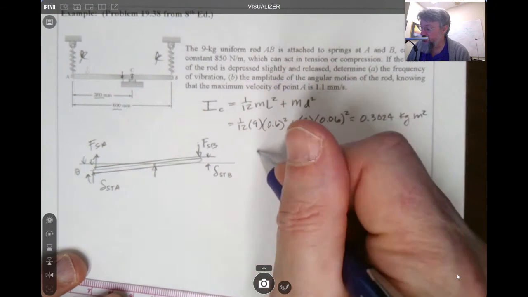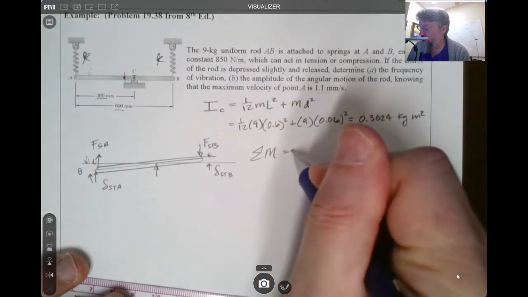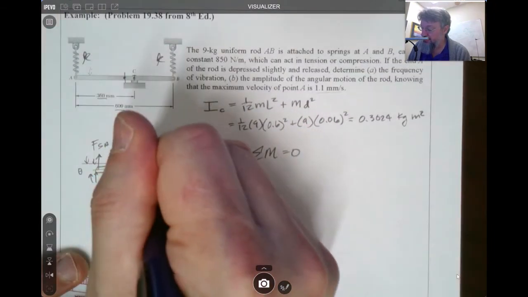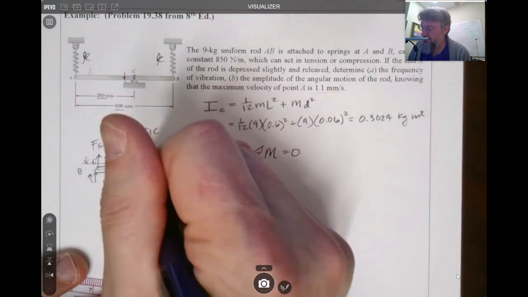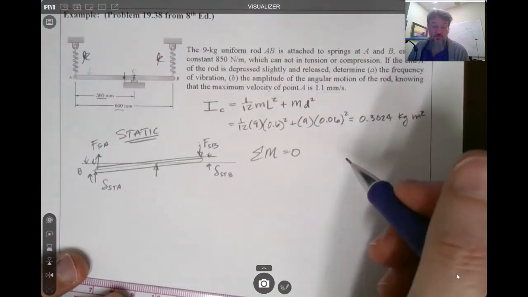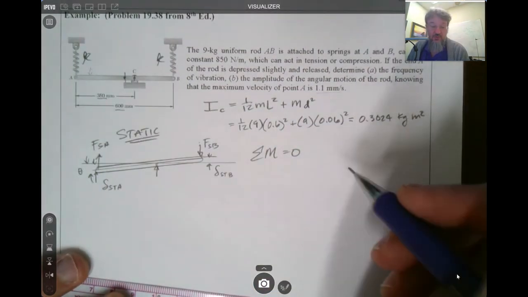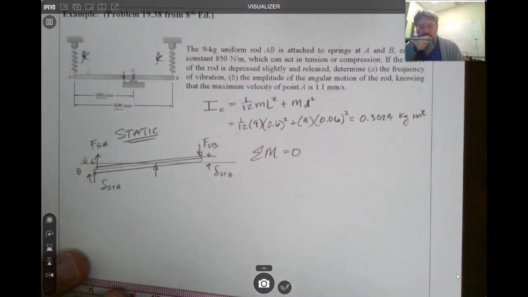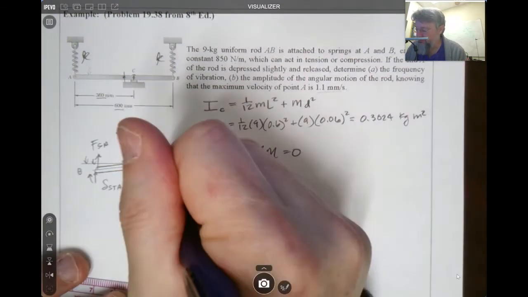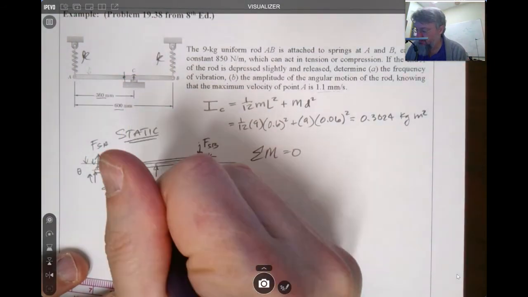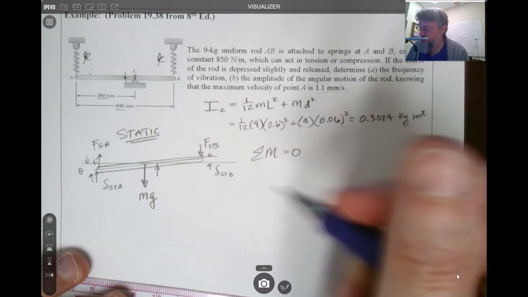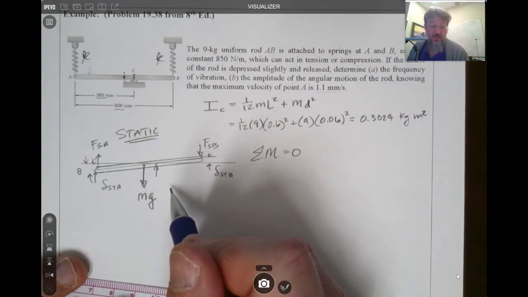So taking the sum of the moments equal to 0, this is the static condition right here. So this is the static at equilibrium, right? So, I see. Okay, let me take that back for a second. So here you go. We're taking the statics right here. That's what we're doing.